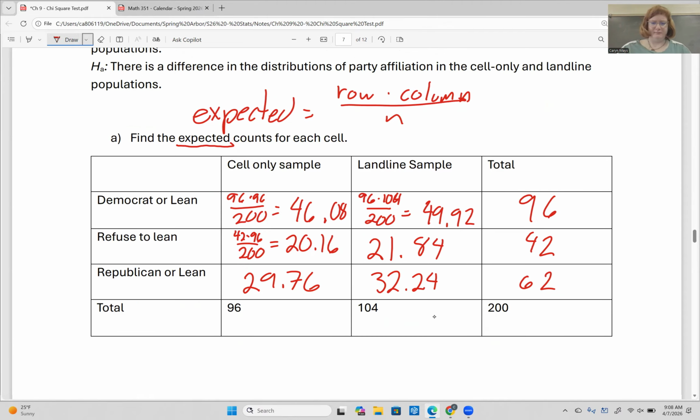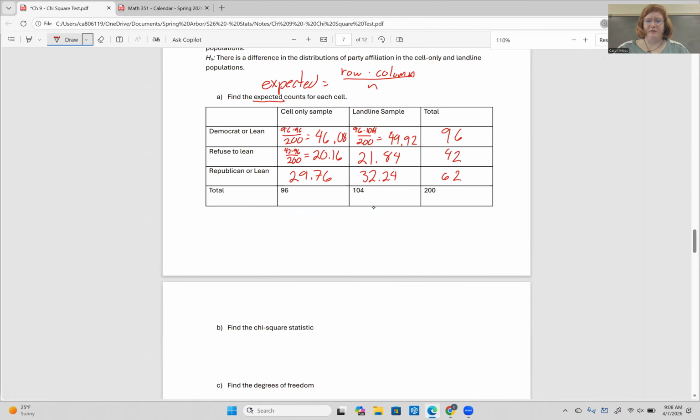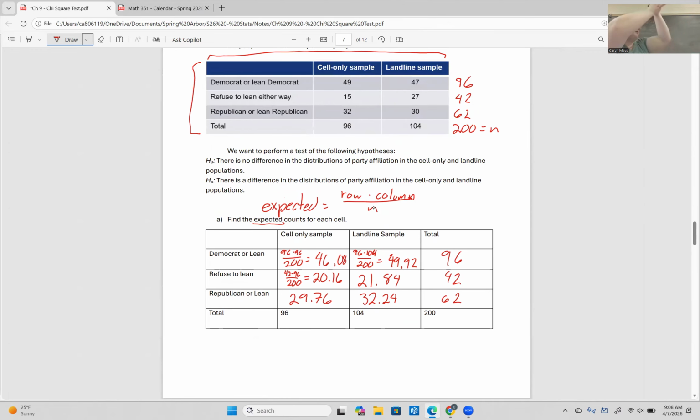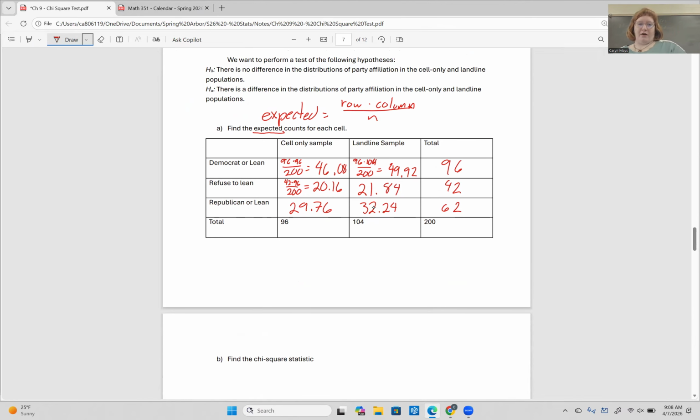Once we have that information, finding the chi-square statistic: for each one of these, we take the observed, the actual information from the table that's printed, minus the expected, squared, over the expected.